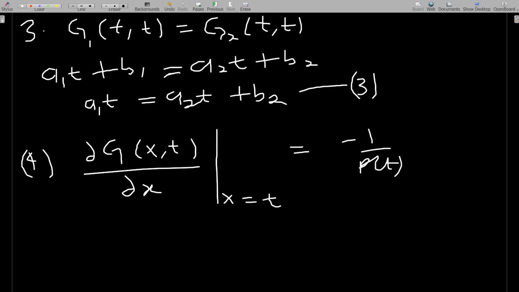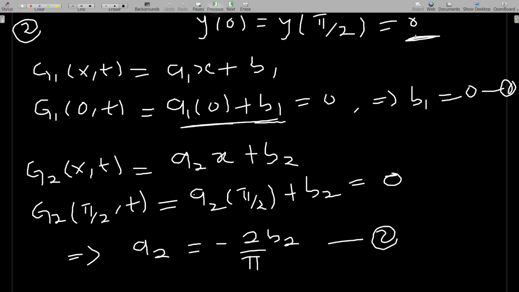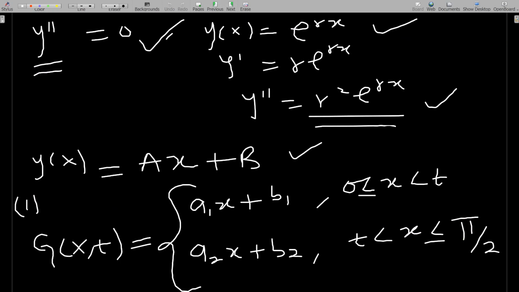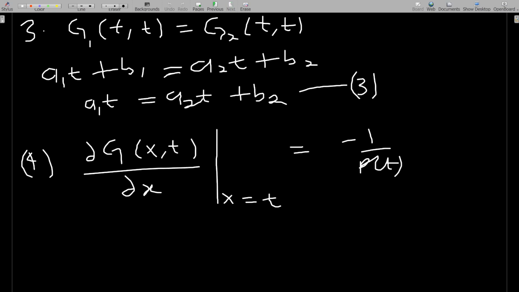And we know p, we said, you should note this: p is equal to 1. So p of t will still be 1 because it's a constant function. So here I can clean it and put 1 there. So I have minus 1 over 1, and that will give me minus 1.